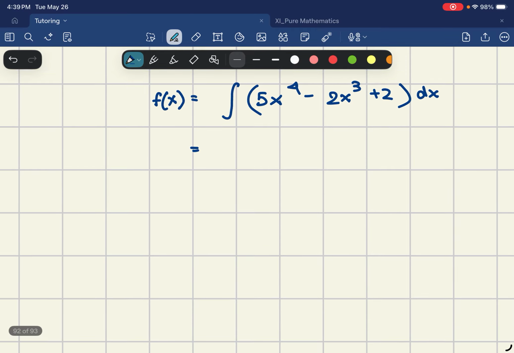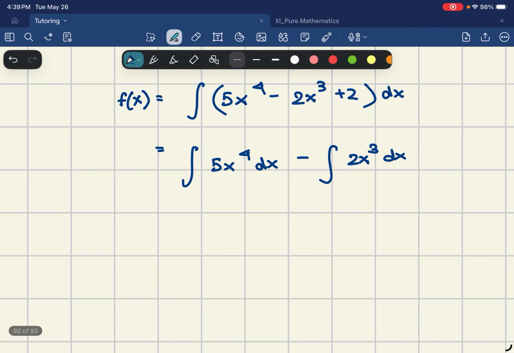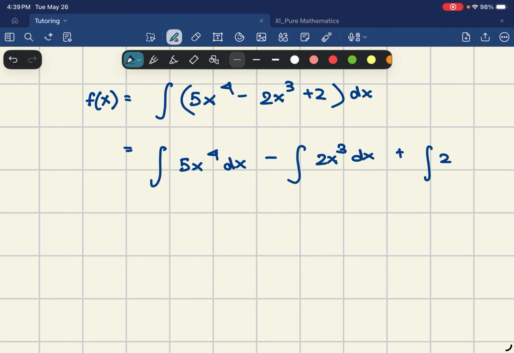So how do we solve this? Well, we do it individually. So the sign in the middle gets preserved. And remember, you need to add a dx to every integral. So it's going to look like this. This sign came here, this sign got preserved here, and then the dx got distributed to every term. And so we have this.